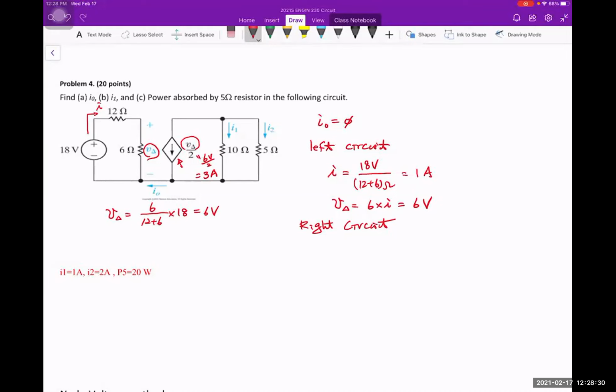So this will be 3 amp based on the voltage. Now this current is going in this direction, so you have to know this is 3 amp going in this direction. Once you know this, you can use KCL on this junction over here. This is your junction, or your node. On this junction, I use KCL.